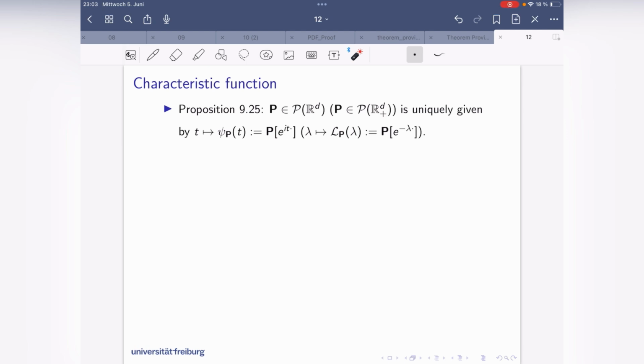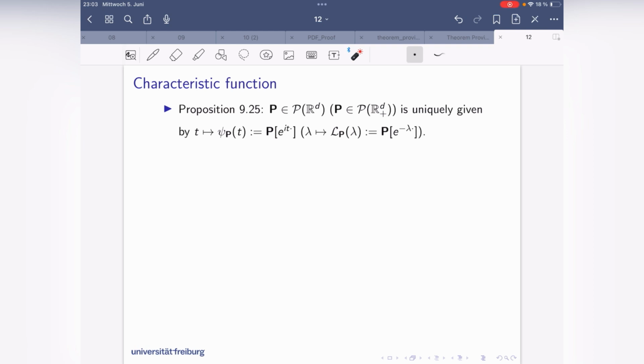We want to have that characteristic functions are separating. That means what we have already used on some exercise sheet, that the characteristic function determines a probability measure uniquely, because that's the separating property of the set of functions, which is given by this here.